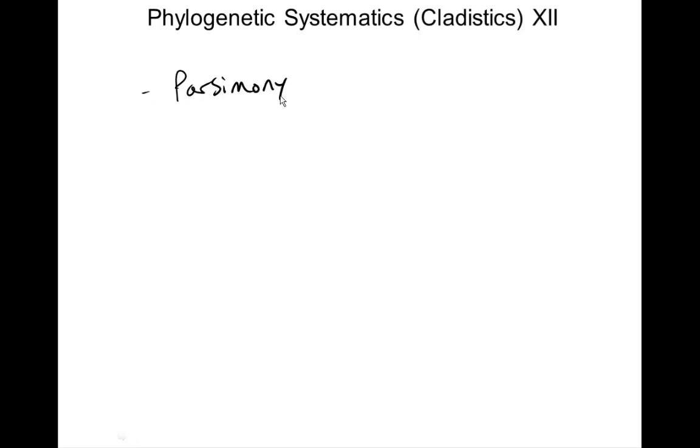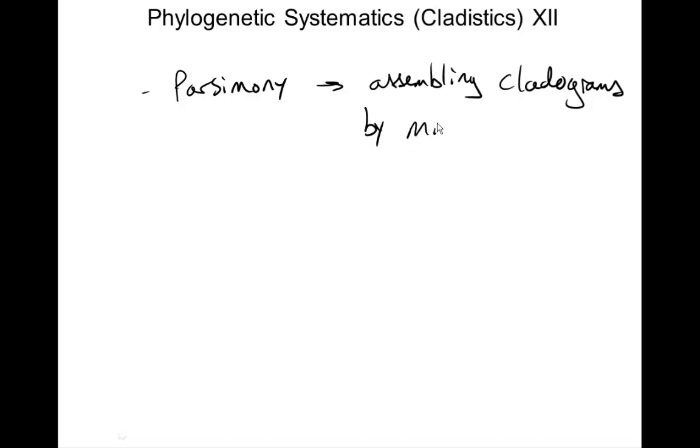So parsimony is going to be assembling cladograms by minimizing the number of evolutionary steps required to get the traits that you're analyzing among taxa. So this is a technique of parsimony.